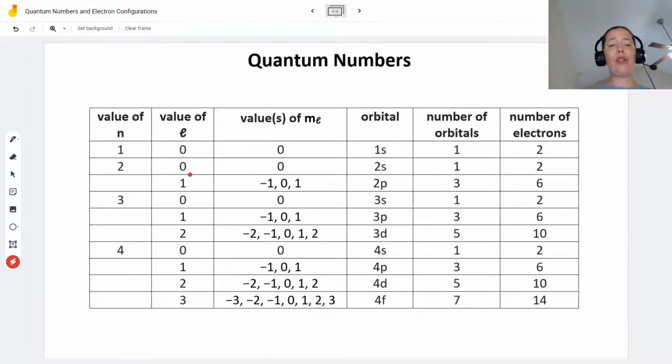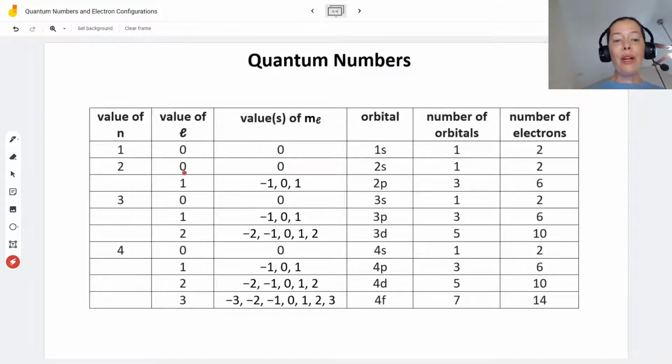All right, let's go back to our value of L as 0. Let's fill in this row. You can already see what the numbers are, but again, the value of m sub L here is also going to be 0. Remember, m sub L is determined by L, and it's going to run from negative L to positive L. When L is 0, m sub L is just 0.